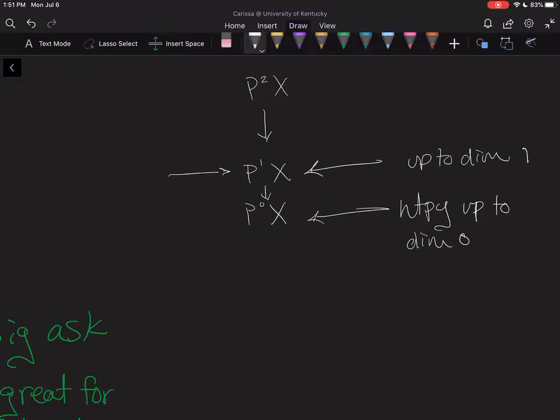I think I was using a different grading convention than you. I think you have homological and cohomological mixed up. I see. Okay, yeah, thank you very much. So the T1 of X is going to have exactly π1 of X.